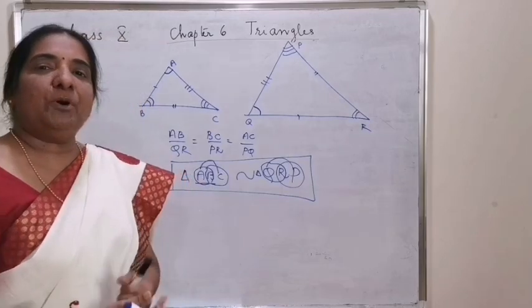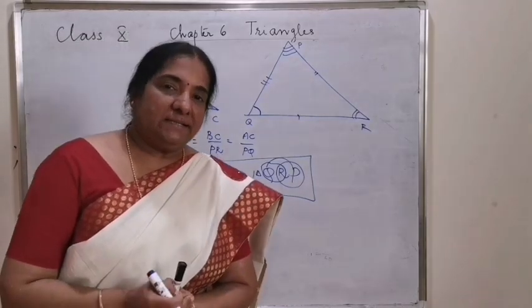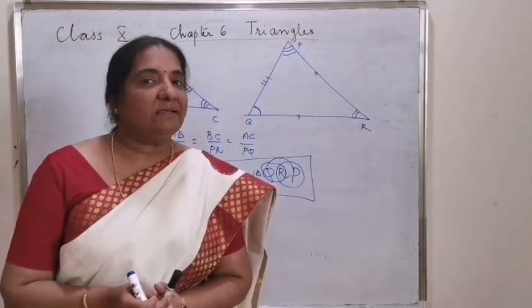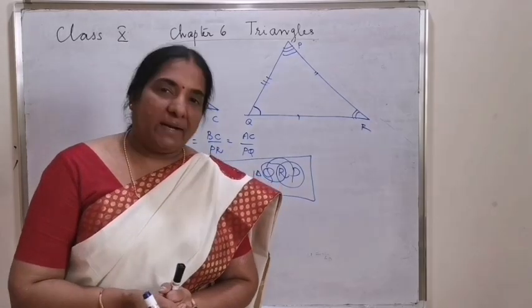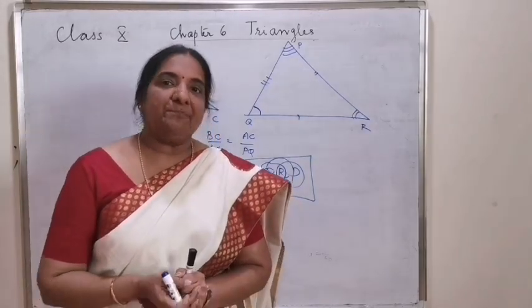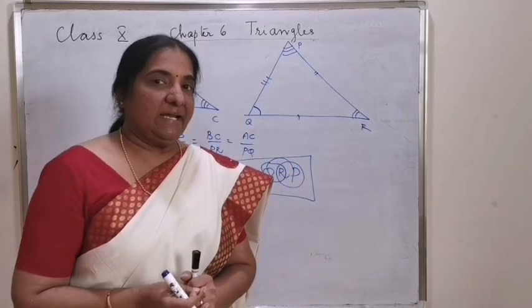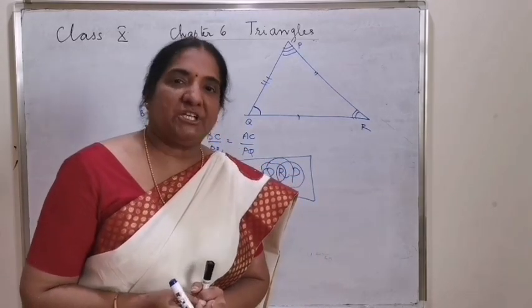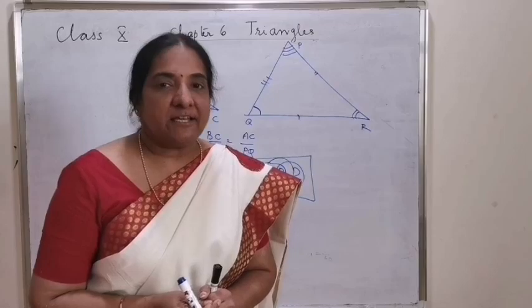It is very important to write the sides or angles in the correct order while writing the triangle similarity. Then only the sides which are proportional to each other will be arranged in the correct order.